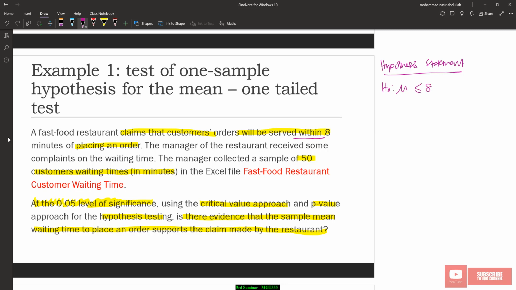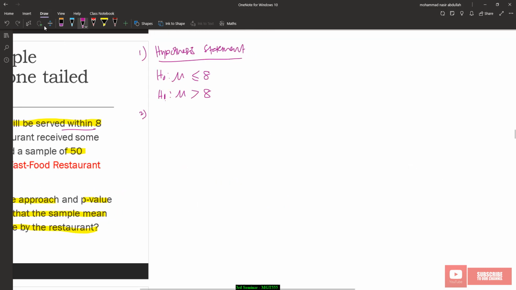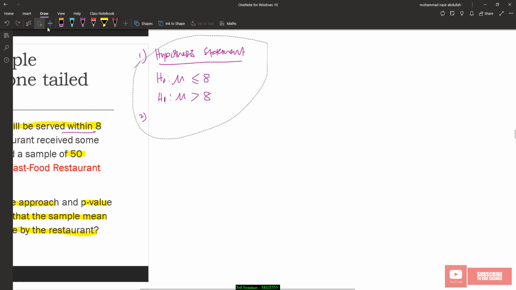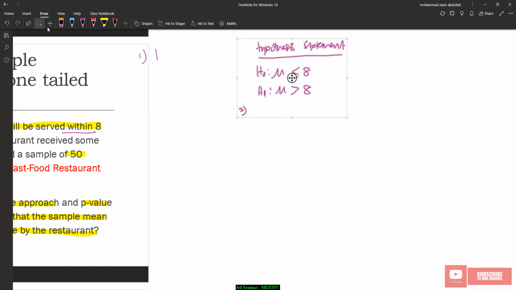Alternate hypothesis: mu is more than 8 minutes. Either it is within 8 minutes or more than 8 minutes. So this is our hypothesis statement, step number 1. Step number 2, I will write at the side so it looks bigger.